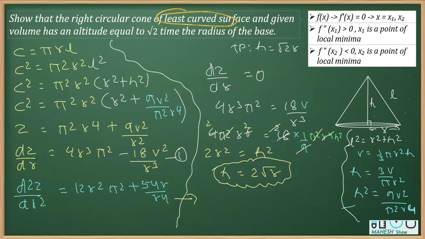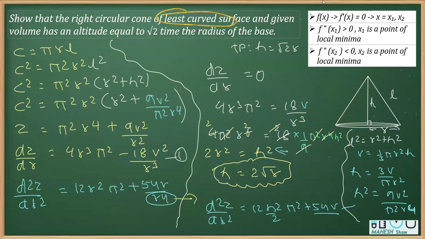So this d square z over dr square is equal to 12. This is r square from here, that is r square from here is h square by 2 pi square plus 54, v being constant, so we don't have to replace.